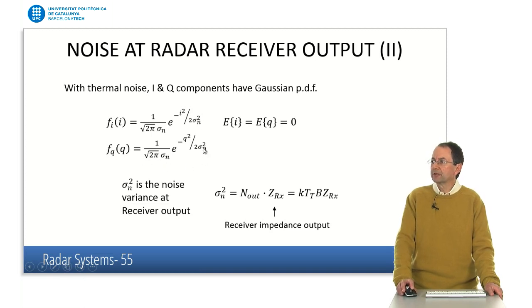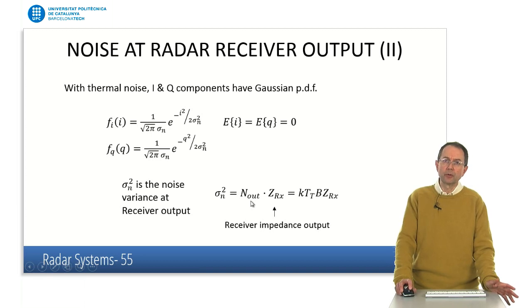Both these components are Gaussian. They have the same noise variance, sigma n squared, which is related to the noise power at the receiver output multiplied by the impedance, because the voltage variance is the power multiplied by the impedance.